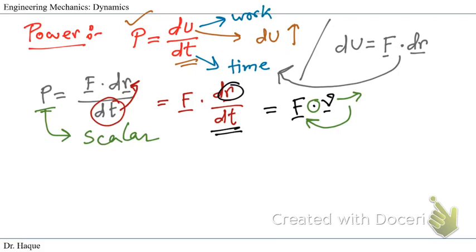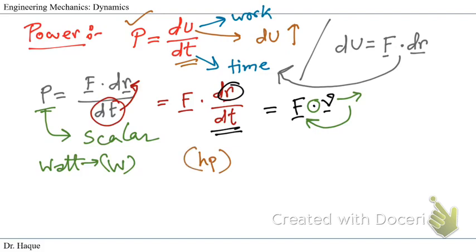What is the unit of power? There are two units. One in SI unit, International System of Units, is the watt, represented by W. We can also have our FPS, foot-pound-second system, where our unit would be horsepower, HP.